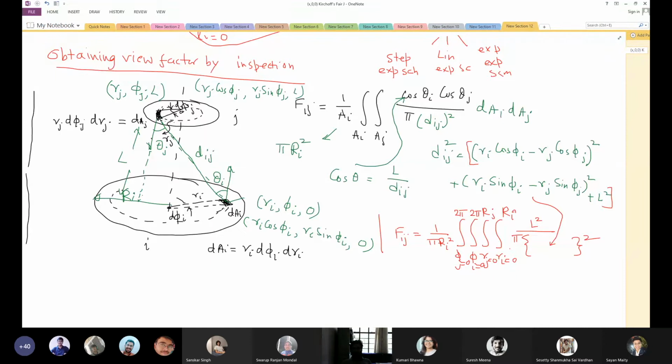And this is a little bit tedious. If you just square these things, you will get a simplified version here. So Dij square, actually you can make it a simplified one. Dij square equals to, yeah, you can get it here, Ri square. So this square and this square will give you Ri square. This square and this square will give you Rj square.